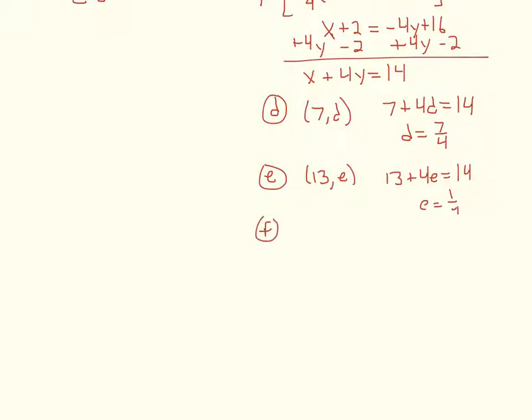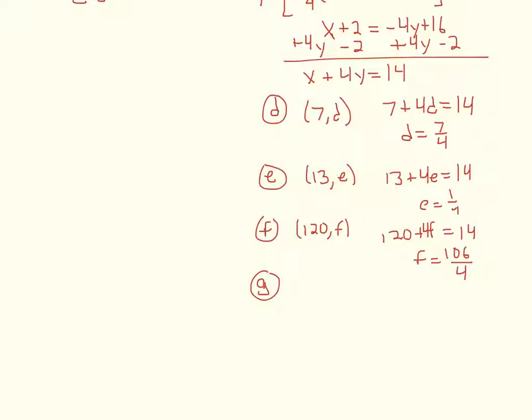And for part F, we have 120 comma F. So we have 120 plus 4F is equal to 14, which means that 4F must be 106, and that tells us that F needs to be 106 over 4. You can see actually here chunking makes all of this work super quick in terms of just looking at it, as opposed to subtracting 120 from both sides and then dividing both sides by 4, although that works perfectly fine and is still great to do.